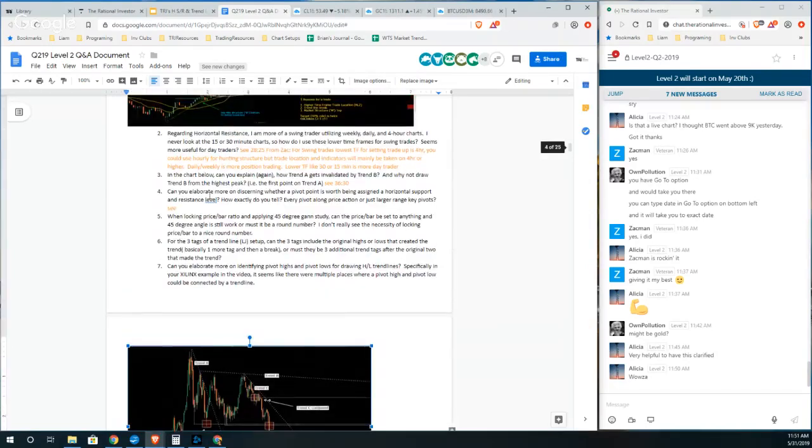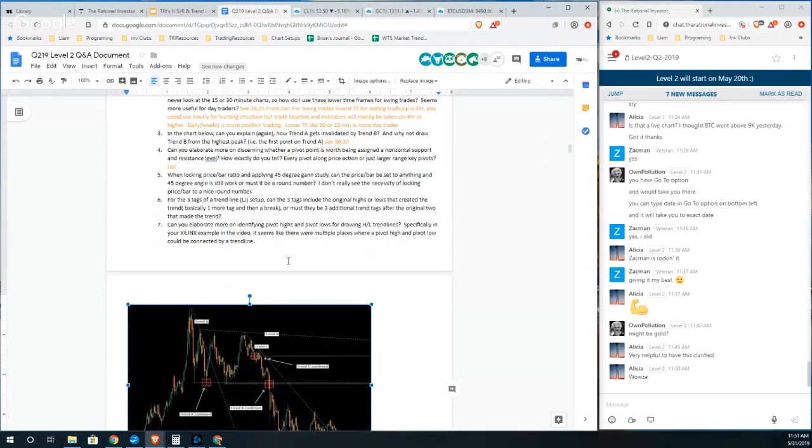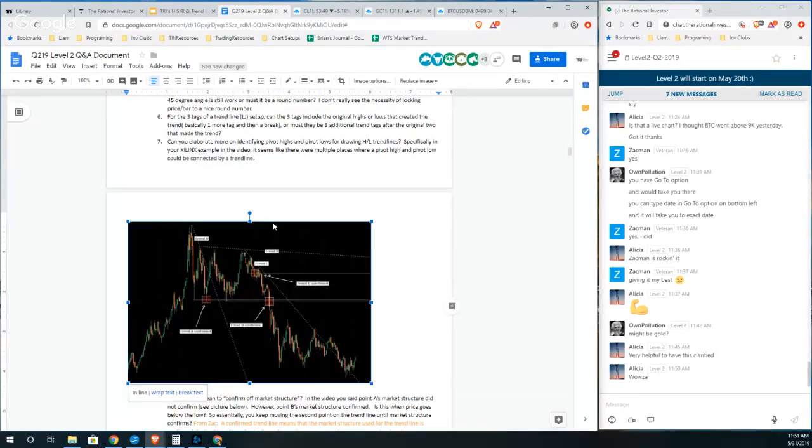It's a tough one. I'm not going to sugarcoat it, but that's my official answer: I like to follow the market structure. Now, if I was looking for short-term trend lines, I really like this trend line. I think that was the predominant trend line, again, off of that market structure.